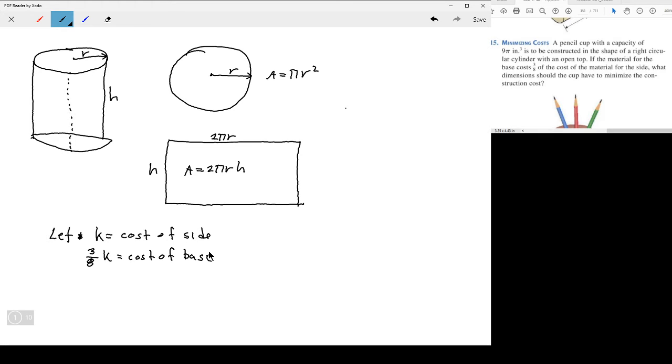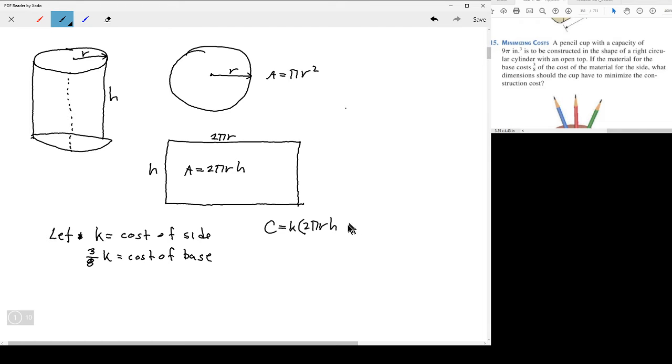Now that we know that, let's see if we can write the equations that we need. The cost equation C is going to be the cost for the side, which is K dollars per square unit of area, so K times 2 pi r h.